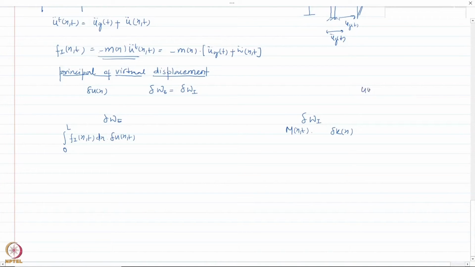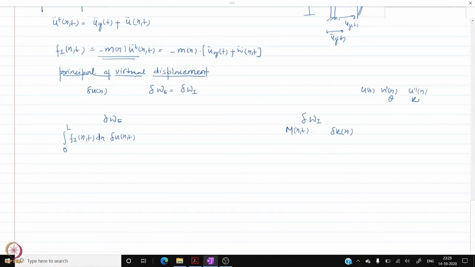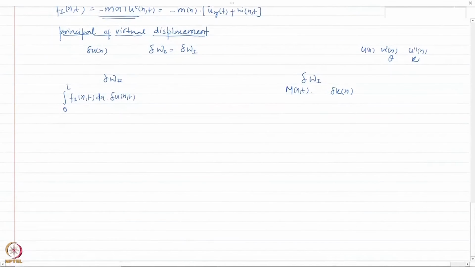If u is my deformation, then u dash of x represents the angle and u double dash of x represents the curvature. So the internal work done would be the work done by this moment M of x,t times the rotation del theta, integrated over the whole height.